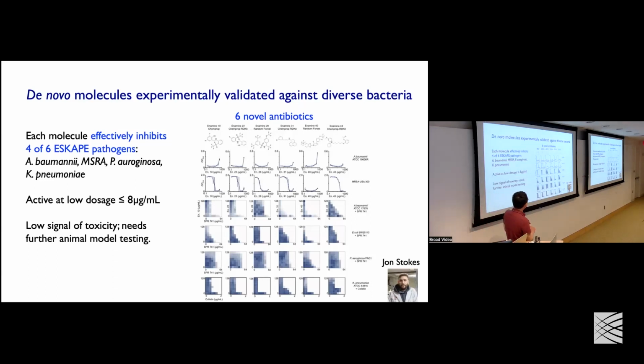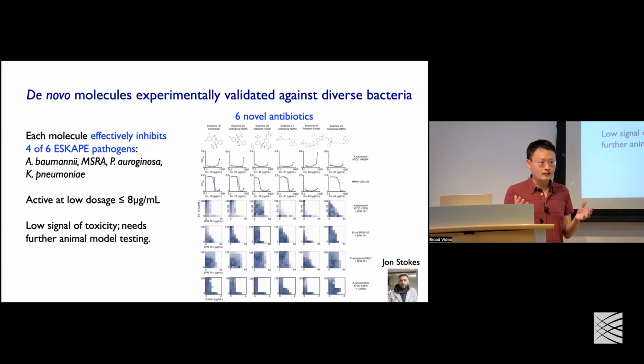And then we can experimentally test them against these pathogens in the lab. For this experiment, we want to focus on pathogens that are the most urgent and the highest priority. The World Health Organization has this designation of what are called ESKAPE pathogens.